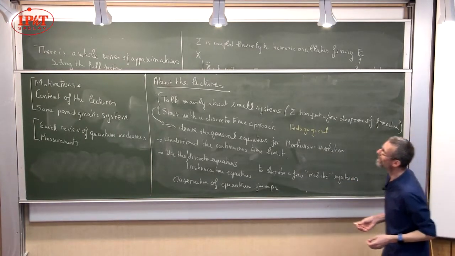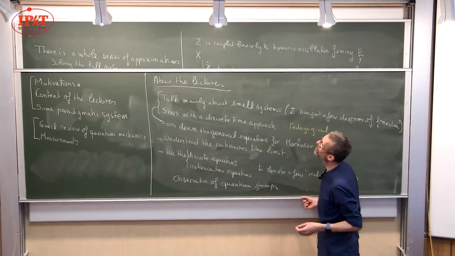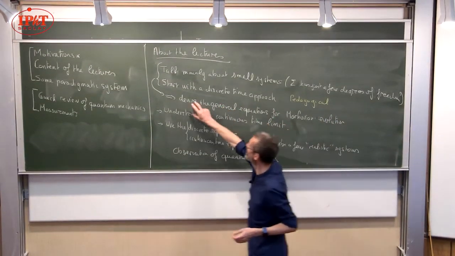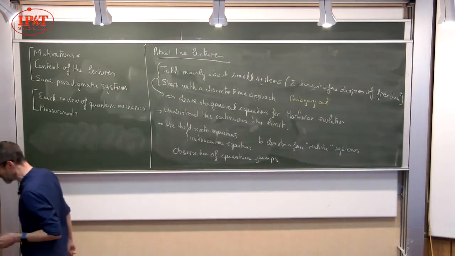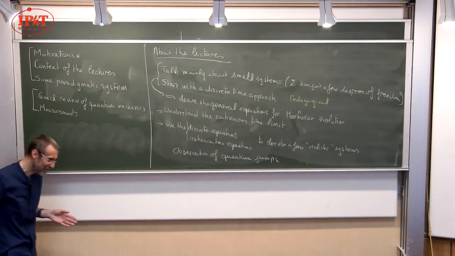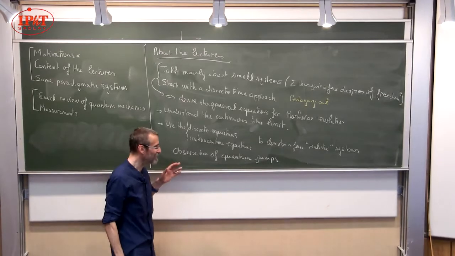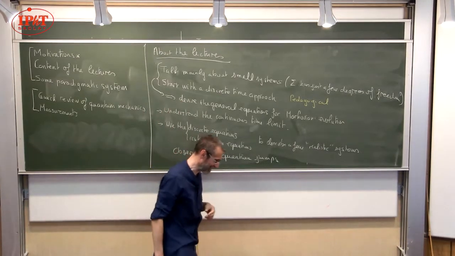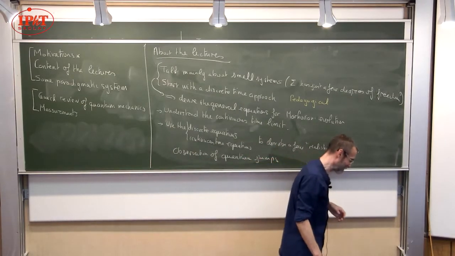So now, when I say derive, we are going to start from the basic principles of quantum mechanics, and we shall try to see what they give when we impose some kind of Markovian principles.